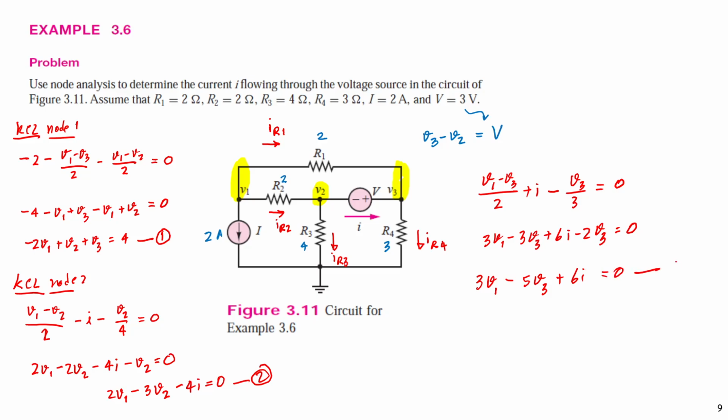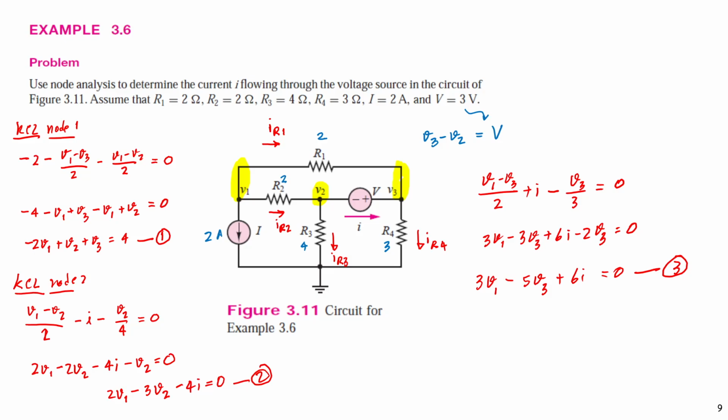This is equation number 3. And we cannot solve 3 equations with how many unknowns? V1, V2, V3, but we don't know I. Okay? We need to remove I using these 2 equations, and we will get 2 equations, 3 unknowns.